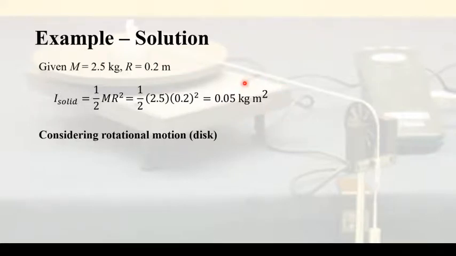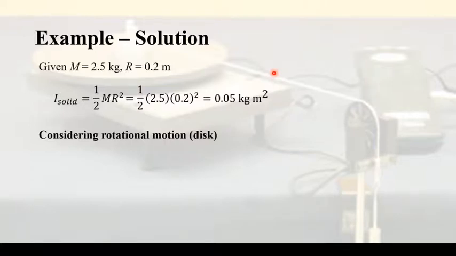I know the unit is kg m squared because the equation says half mr squared. The SI unit for m is kg, the SI unit for r is meter, so kg m squared is the SI unit for moment of inertia.